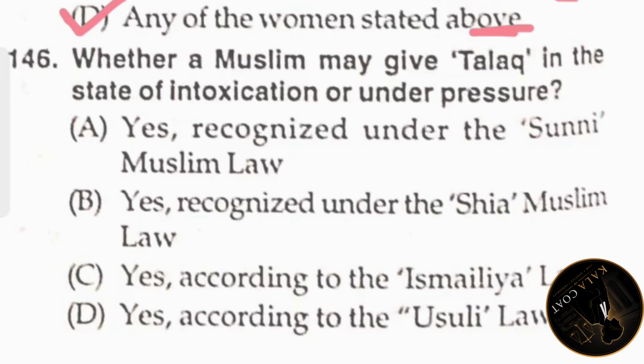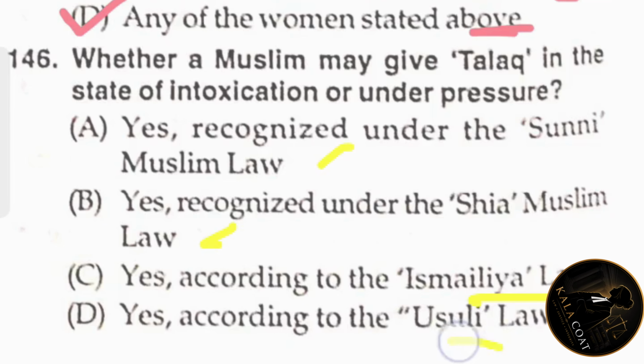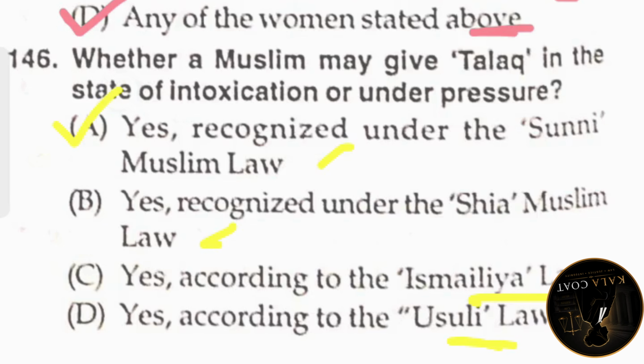Whether a Muslim may give talaq in the state of intoxication or under pressure? Yes, recognized under the Sunni Muslim law, recognized under the Shia Muslim law, according to the Ismailia law, or according to the Usuli law. Correct answer is it is recognized under the Sunni Muslim law. Option A is the right answer.